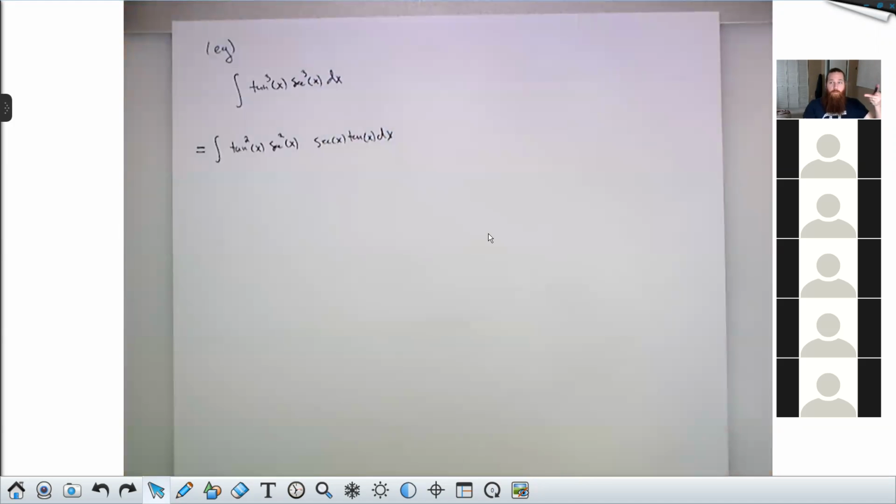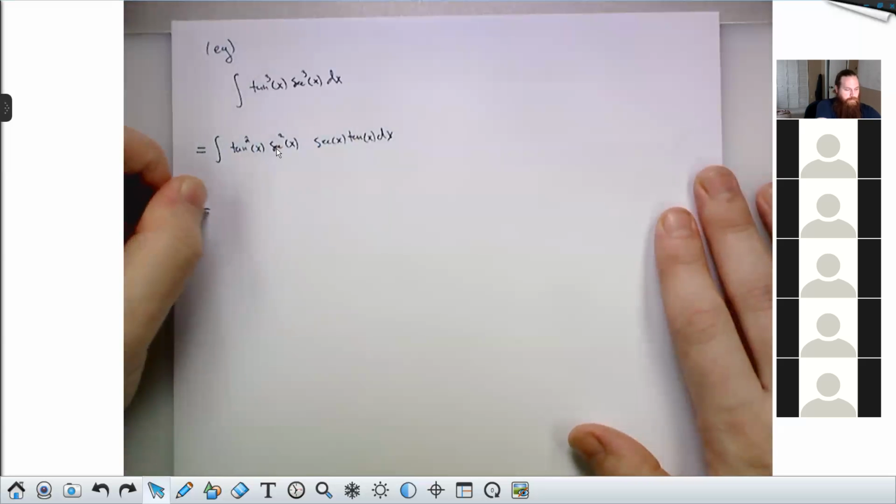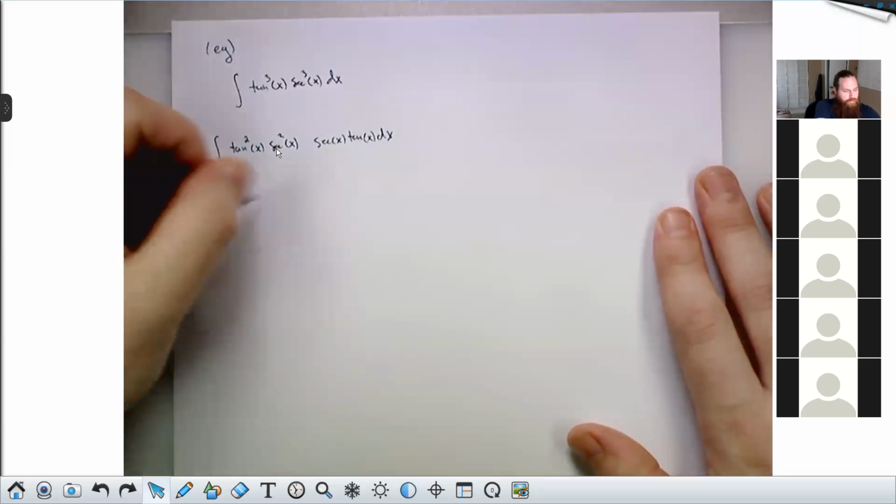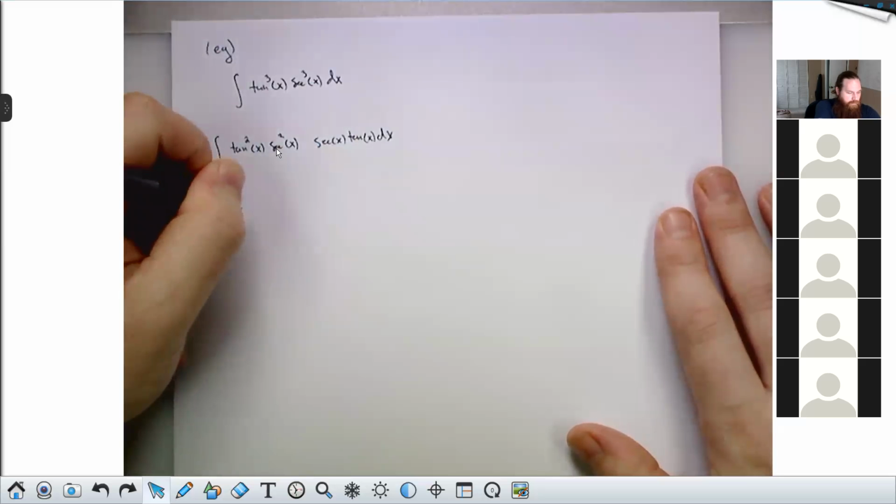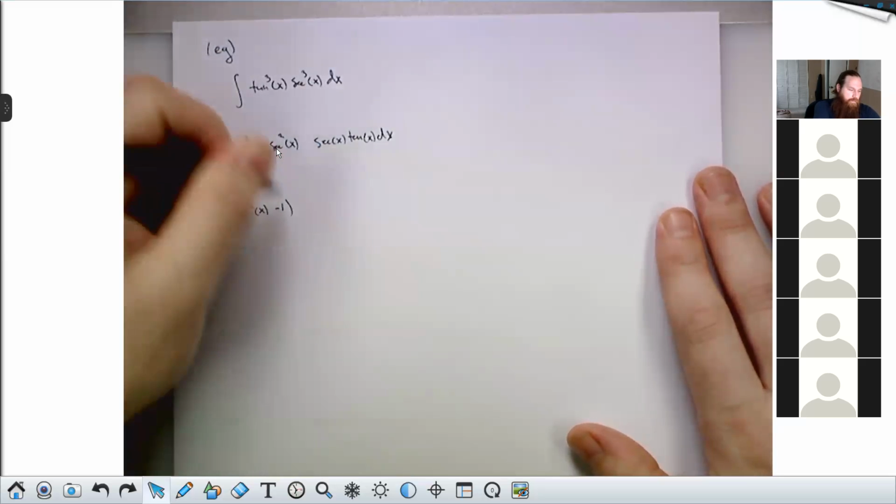I'm thinking I want to substitute for secant. Here's the derivative of secant. So that's what I need to make that substitution go through. The only other thing I have to do is rewrite the remaining tangents as secants. And that, again, comes from the second Pythagorean identity. Tan squared plus 1 is secant squared, so tan squared is secant squared minus 1.